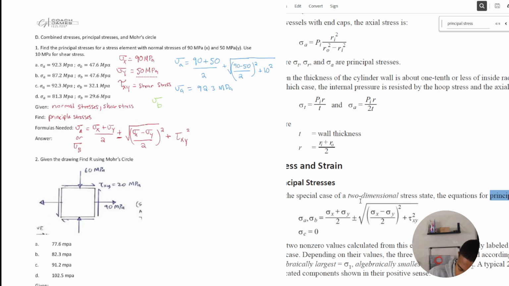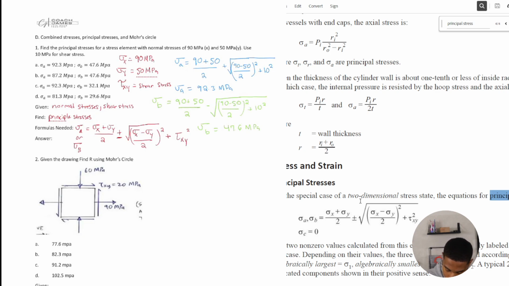And then we want to do principal stress B. That is equal to the same thing, 90 plus 50 over 2 minus the square root of 90 minus 50 divided by 2, all of that squared, plus 10 squared. And for sigma B, I get 47.6 megapascals.